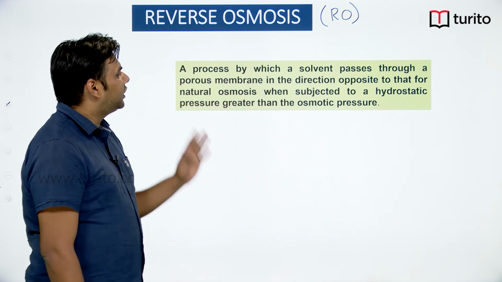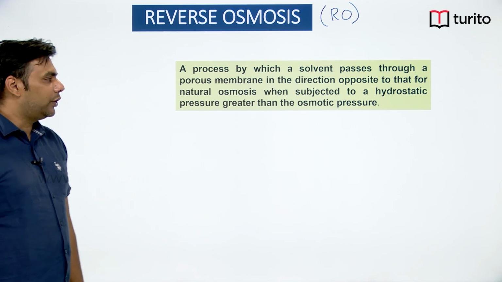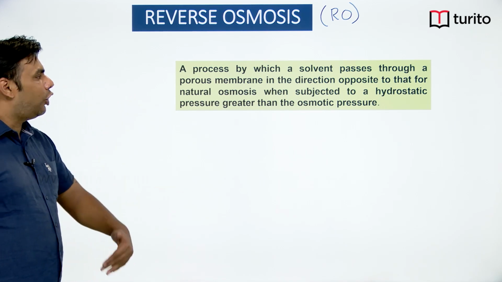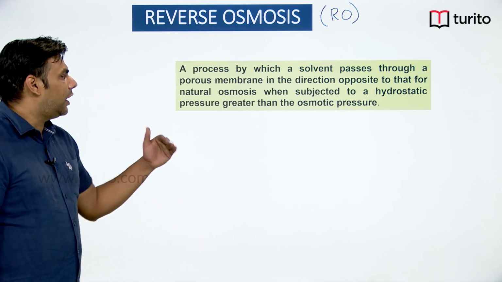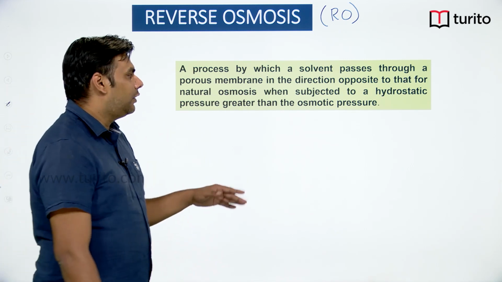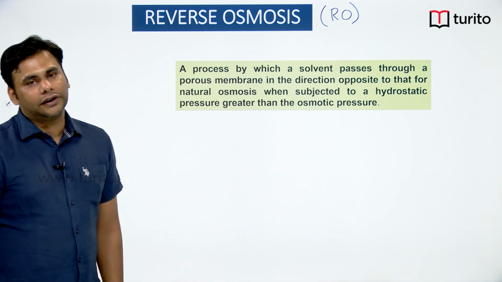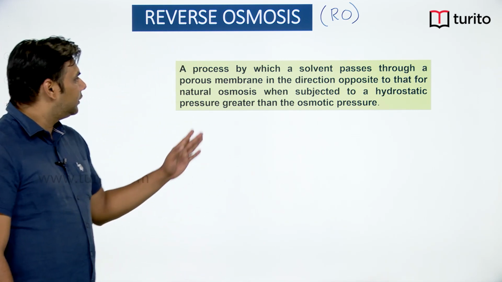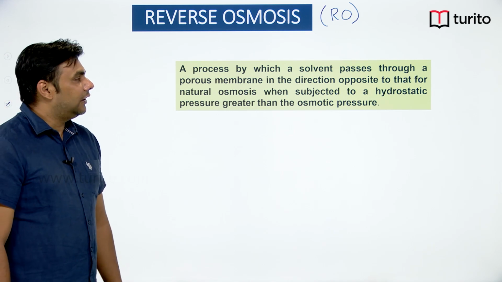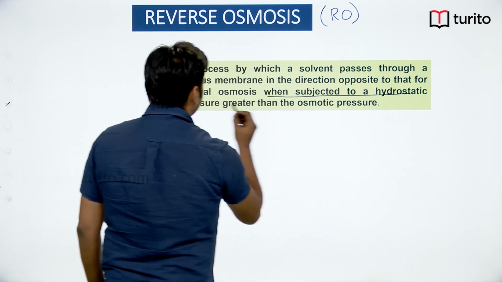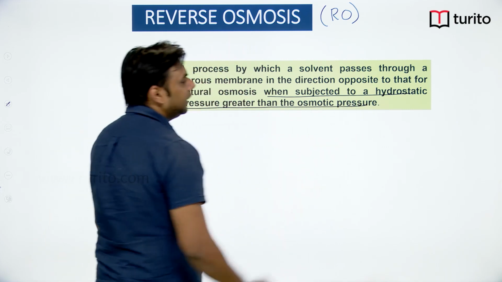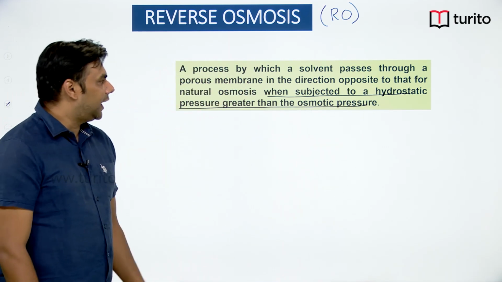So a process by which a solvent passes through a porous membrane in the direction opposite to that of natural osmosis when subjected to a hydrostatic pressure greater than osmotic pressure is called reverse osmosis. So I will just tell you to write the definition. I will show you the next term which is written over here, when subjected to a hydrostatic pressure greater than osmotic pressure. So I will show you with a diagram.